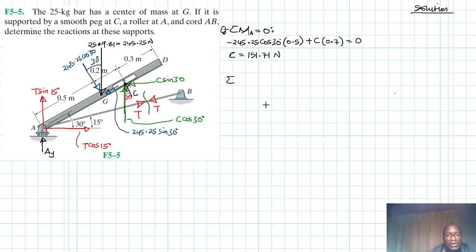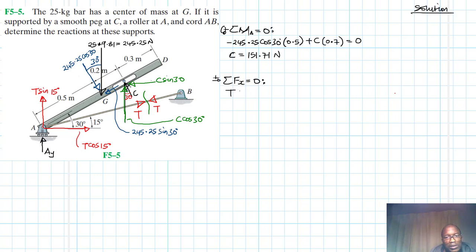Summation of forces in the Y is also fine because we found C. No, we have to start with summation of forces in the X equal to 0. Okay, we have fewer unknowns.